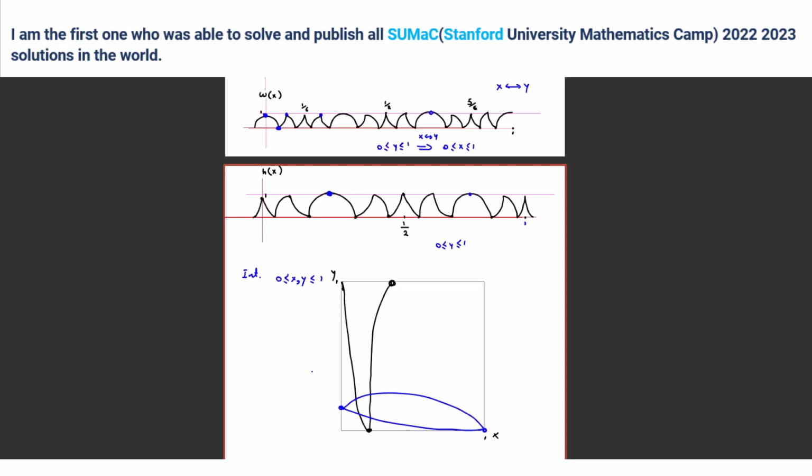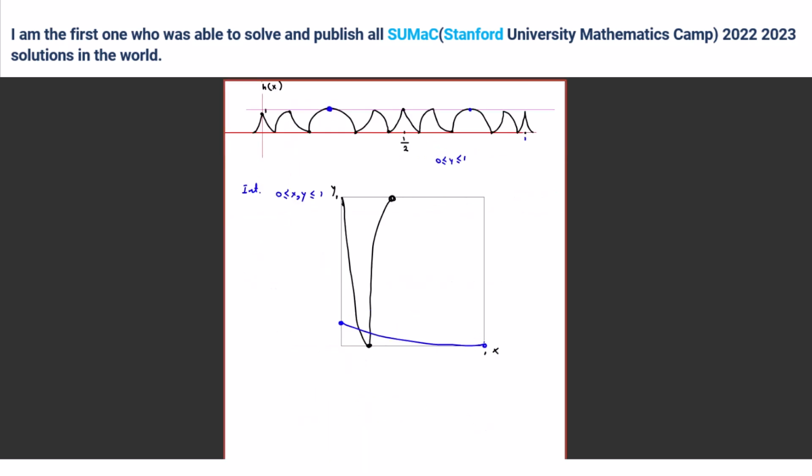Concave down, right? It would be this one, the top one, right? If you see from the origin here, it would be this one, right? Yes. Okay, something like this.